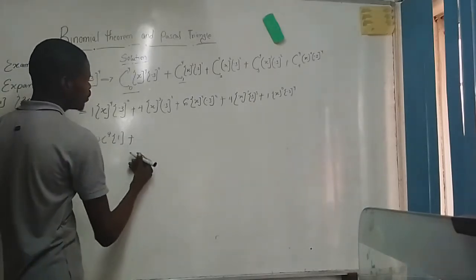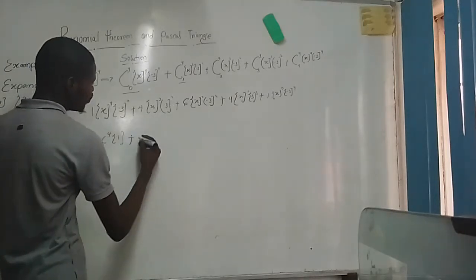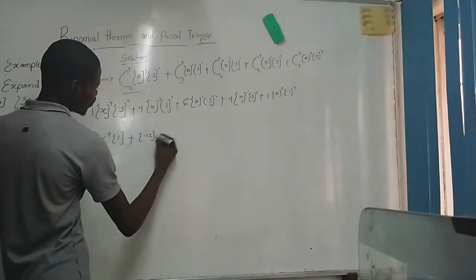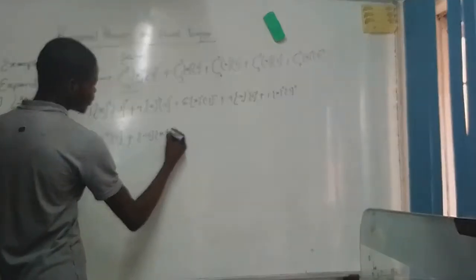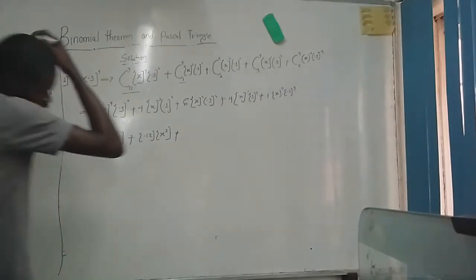Then we'll move forward. So minus 3 times 4 will give you minus 12. Then x cube plus 9.